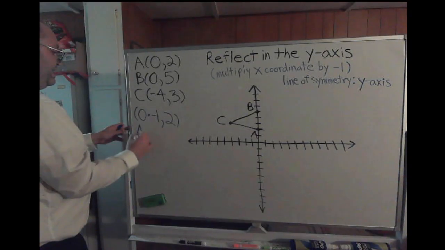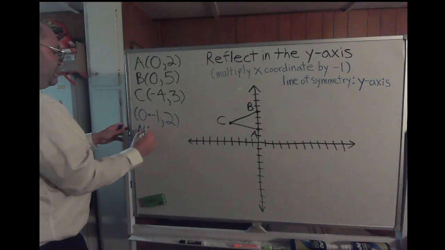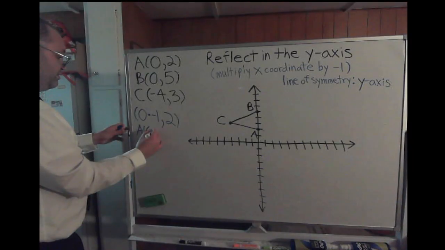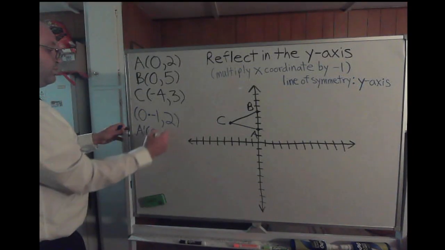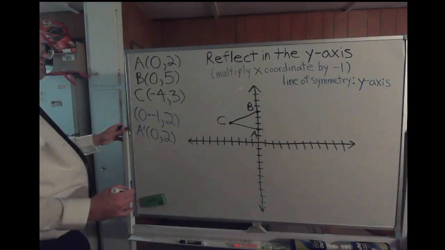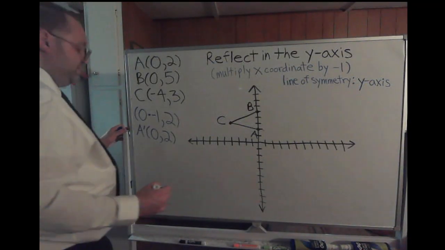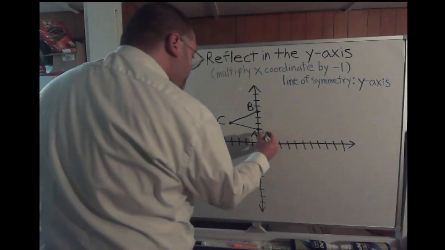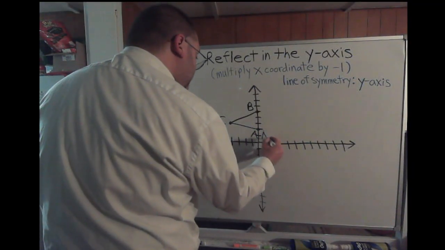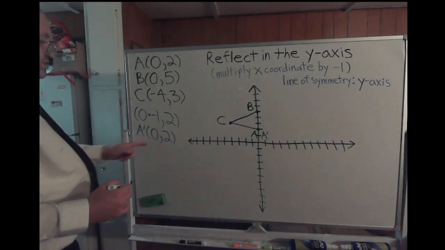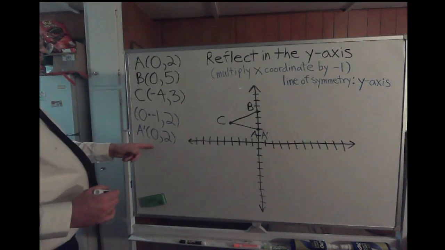So that means that A prime, if you multiply 0 by negative 1 for your x, that would just be 0 still. Your y-coordinate was left alone, that is 0, 2. Very interesting. 0, 2 is also A prime, which does happen. 0, 2 is both A and A prime.